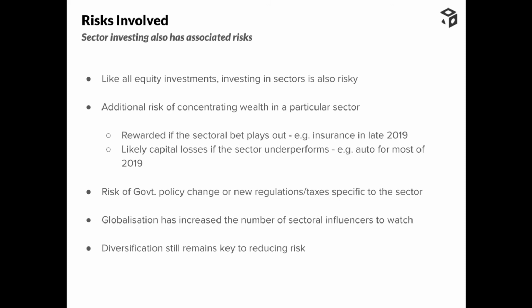So these kind of risks, which are not specifically related to the economics of that sector, also exist when you end up investing in a broader sector. The other thing to keep in mind is because of globalization today, there are a lot of moving parts.